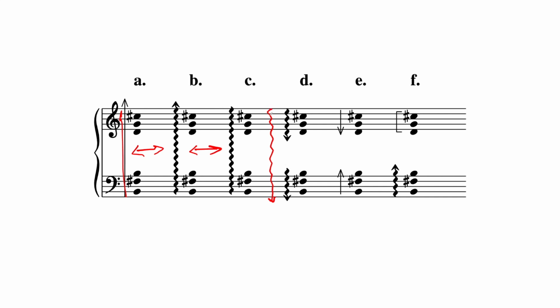If you write a continuous line for both staves, that means the arpeggiation will begin with C sharp, G, D, and then continue with B, F sharp, and B. But if you write something like this, if you divide the line, that means this C sharp and this B will be played together, and this G and F sharp will play together, and this D and B will be played together.